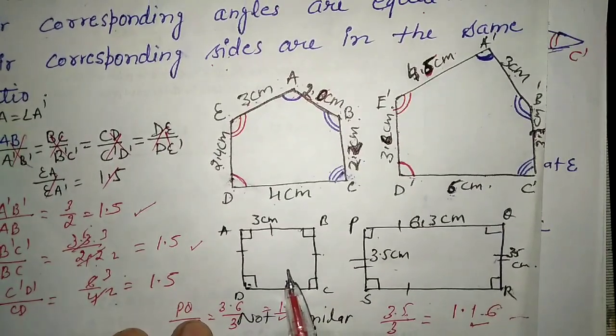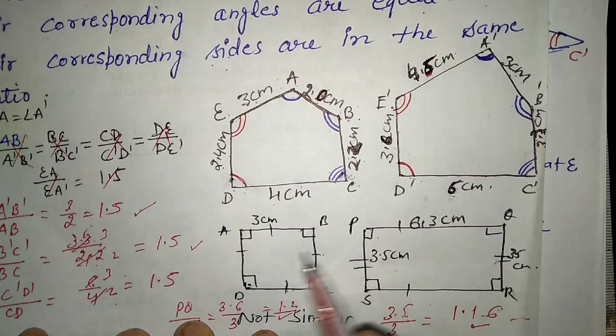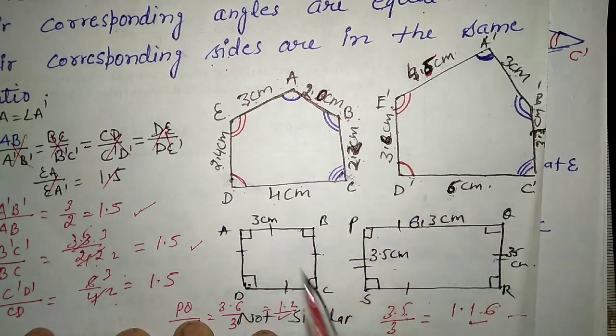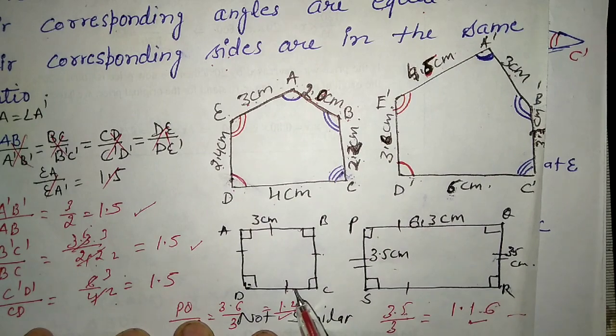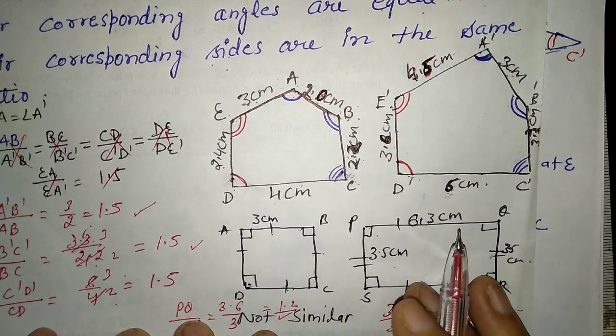Now we have a square with each side 3 centimeter, and a rectangle. We can see the angles are equal, each angle is 90 degree, so the corresponding angles are equal. Now let us check the ratio of the sides.